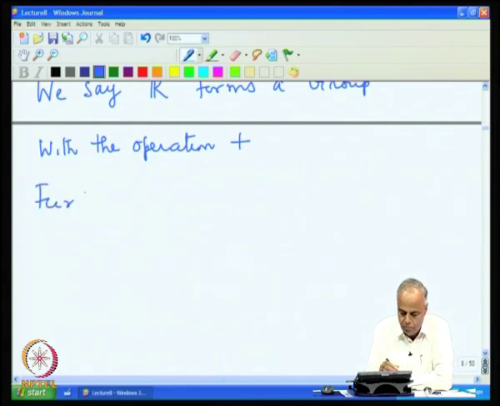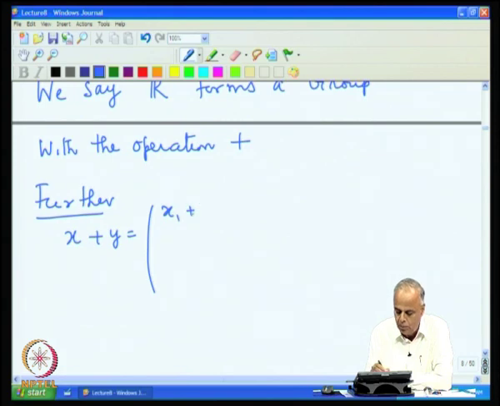Further, if we have x and y, we have x plus y is x 1 plus y 1, up to x k plus y k.